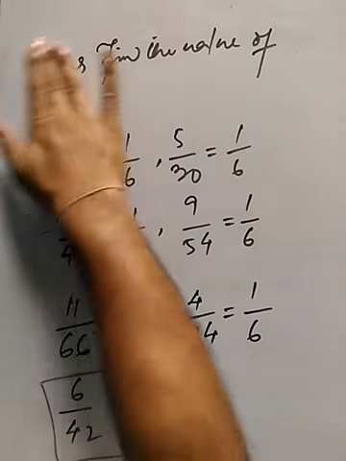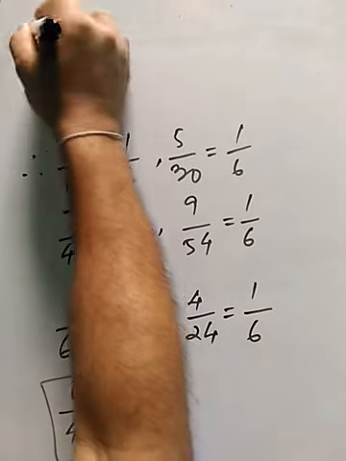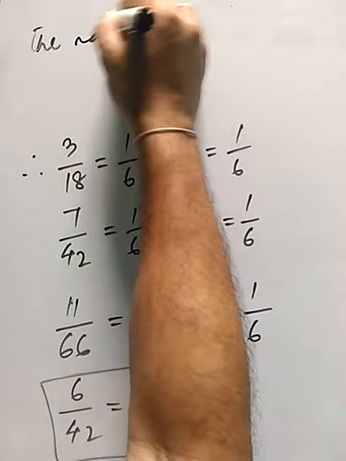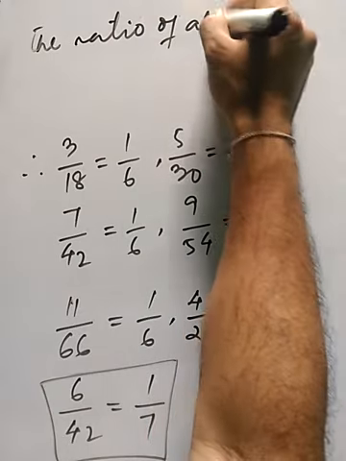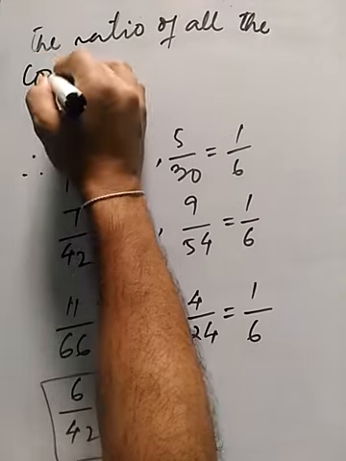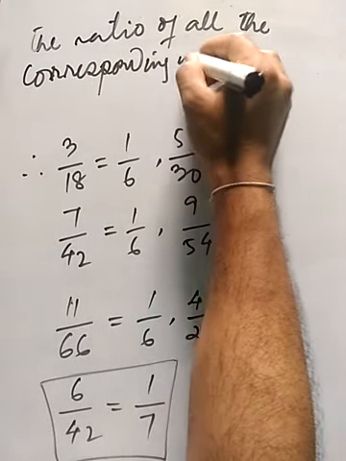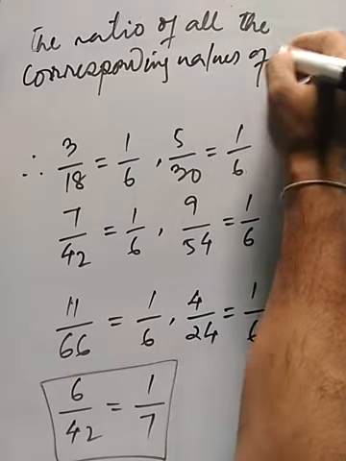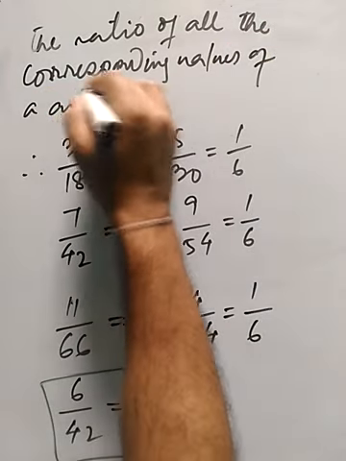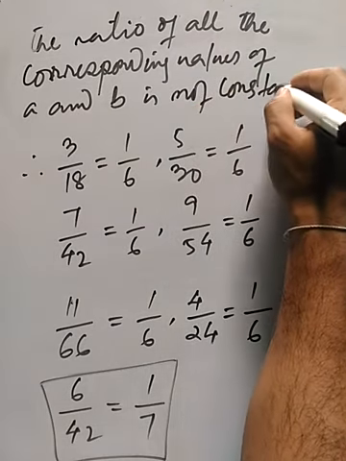After this we can write here: the ratio of all the corresponding values of A and B is not constant.